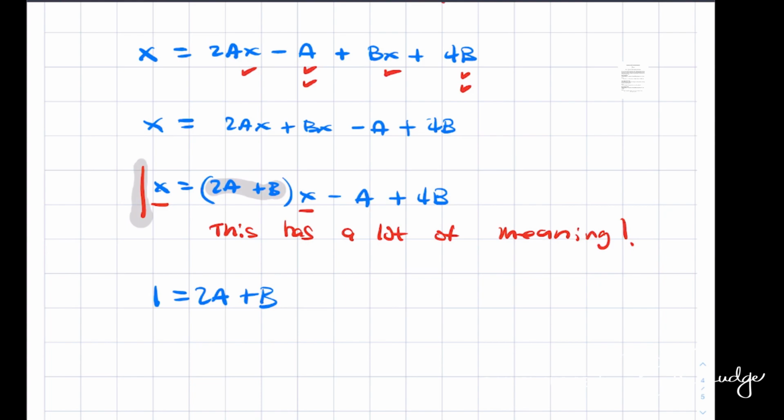Similarly, you might say, what does that actually mean about the constant term? Meaning, what does that mean about the negative a plus 4b? What does that negative a plus 4b actually equal? I'm going to put this down here. Negative a plus 4b does equal something. We want to know, what does it equal?